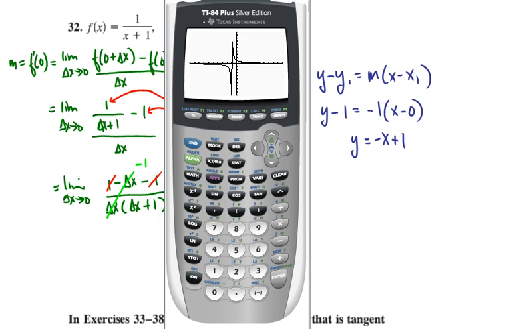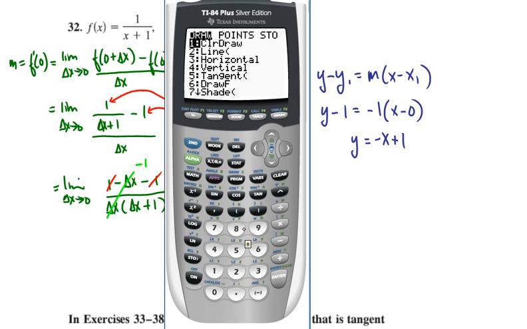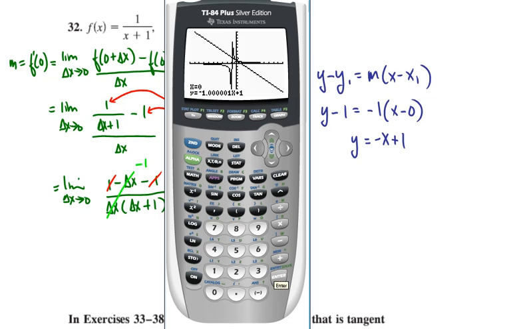And so we're going to go into second program, which is draw, option number 5, which is tangent. We're going to type in 0, and it gives us the equation y equals negative 1x plus 1, which is exactly what we had there. So that's a great way of checking to make sure that the equation of your tangent line, your algebra, all came out correct.